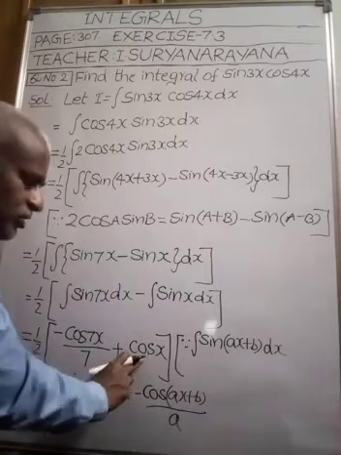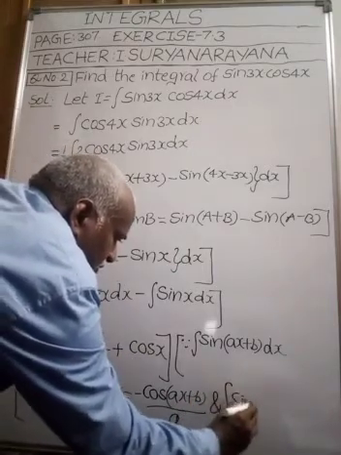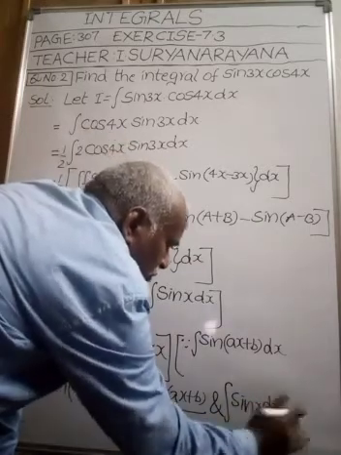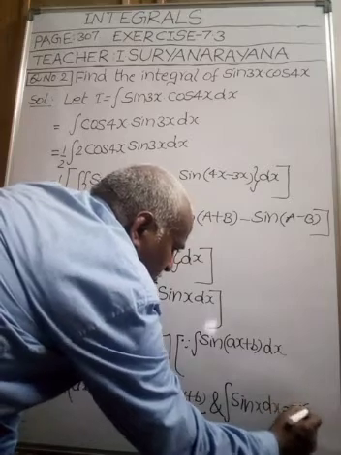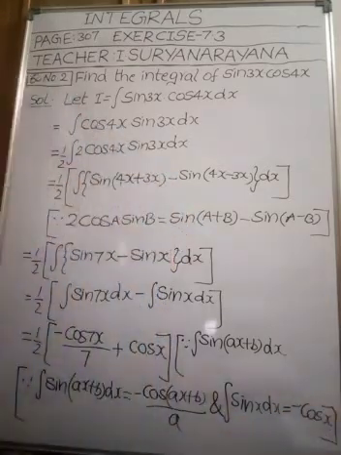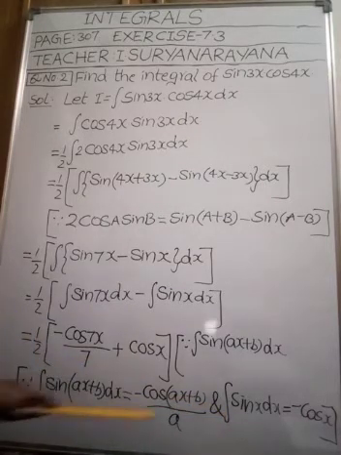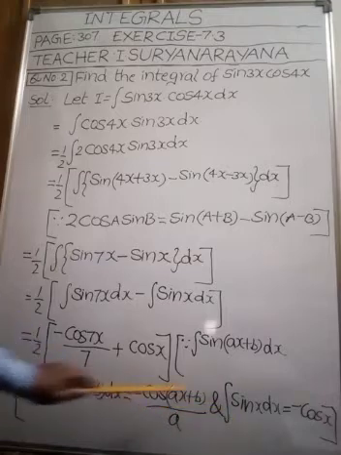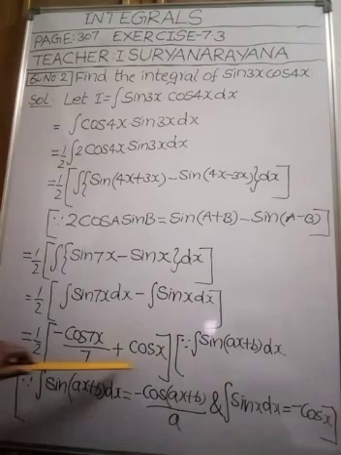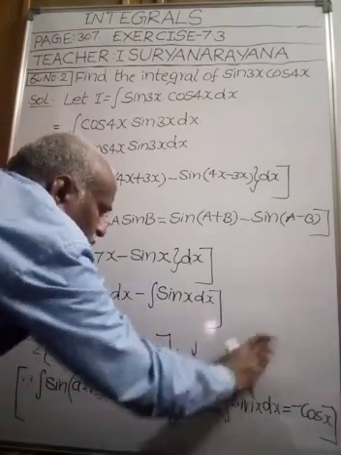And for the second term, integral sin x dx is equal to minus cos x. Understood this step by step, by using these two integral formulae? By using these two integral formulae, we got this step. Understood this step by step? Right.